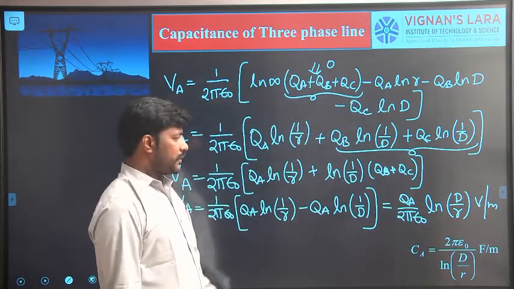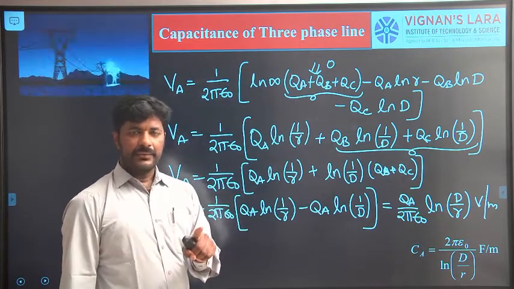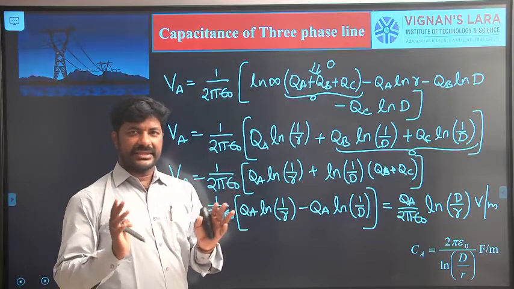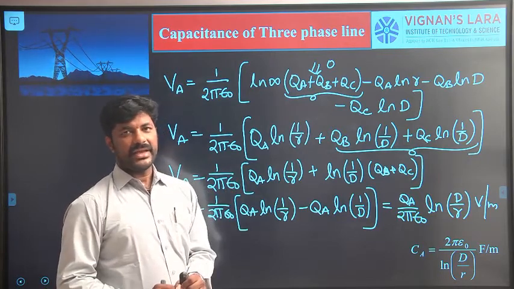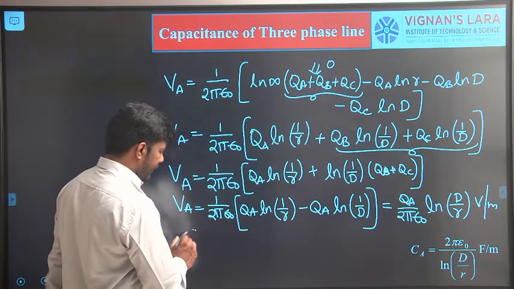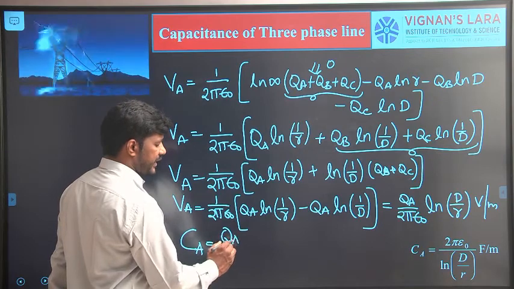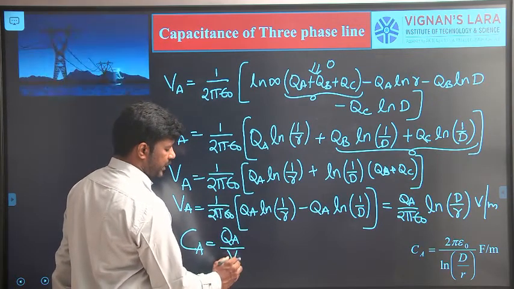So this is the voltage of that conductor A, which is present in a group of conductors in a 3-phase 3-wire system, and then we can estimate the capacitance of that conductor A. What is the formula for the capacitance of conductor A? Ca is equal to the charge of that conductor divided by potential.